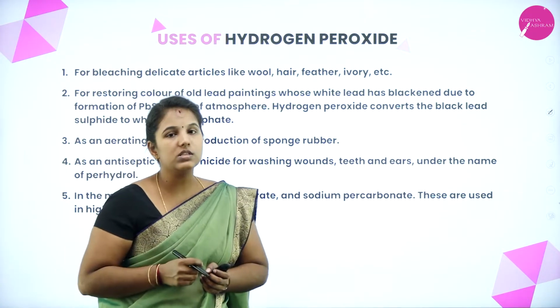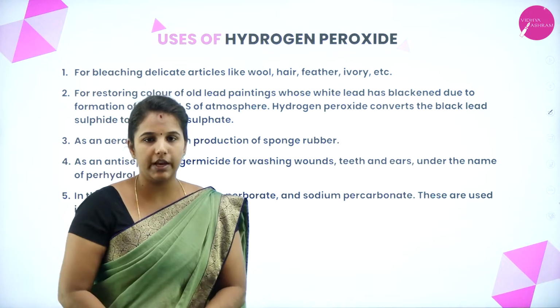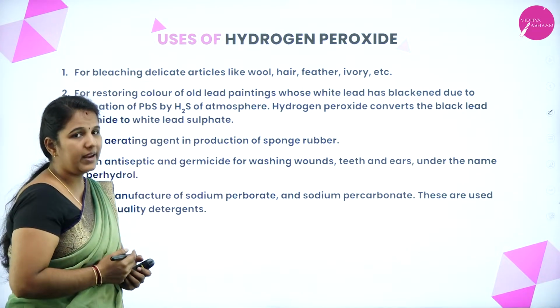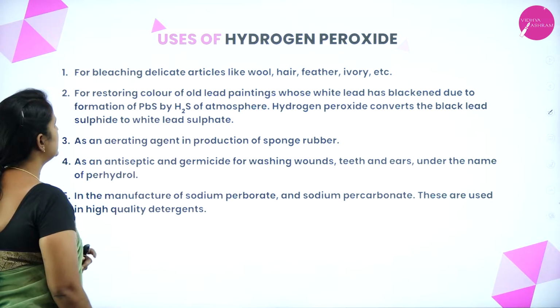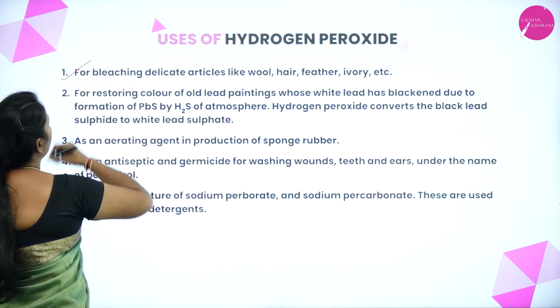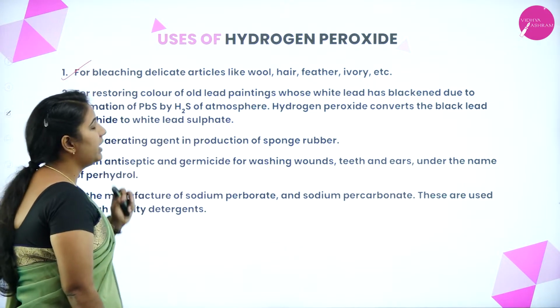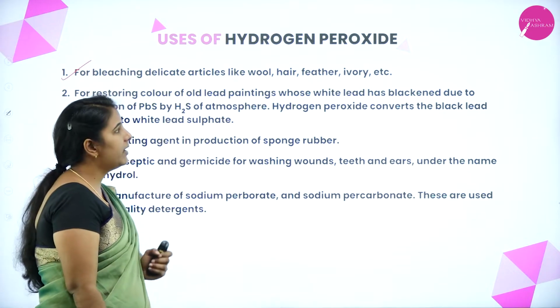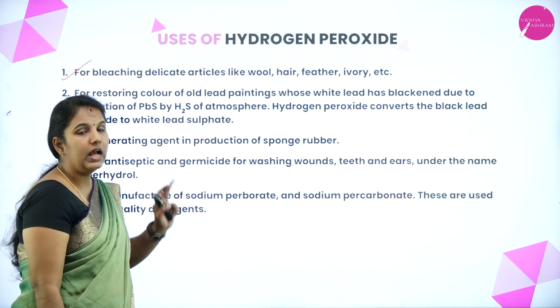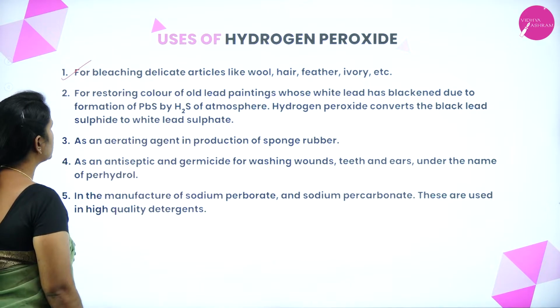Next is uses of hydrogen peroxide. Hydrogen peroxide is widely used in different cases. In bleaching of delicate articles like wool, hair, as well as feathers and ivory, we use this hydrogen peroxide.